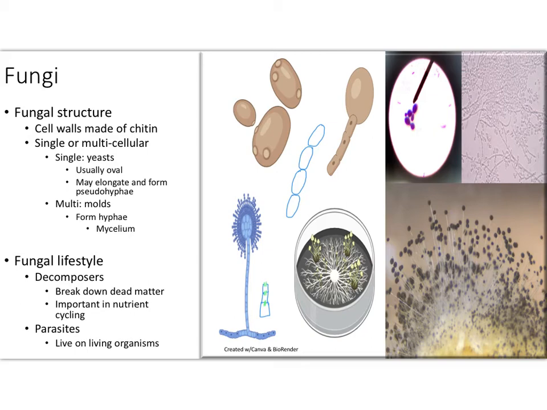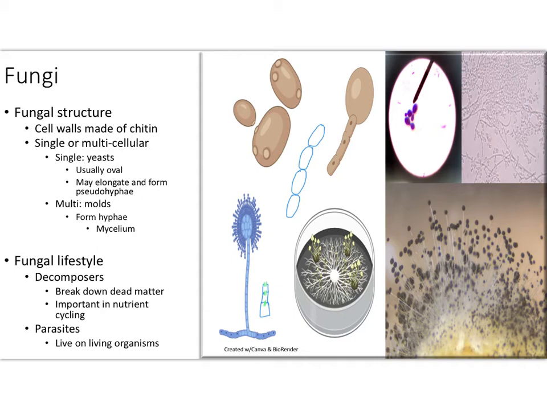So that's a lot of information, but hopefully that will help put the fungi in context for you in terms of the ones that you have seen in your life and will see in lab. In terms of fungal lifestyle, they primarily are decomposers, which means that they break down dead substances and release the nutrients that are in those substances back into the environment.